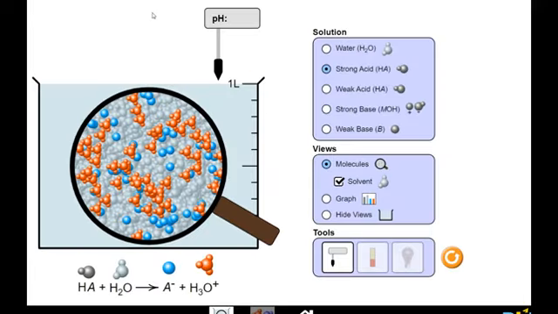So here is the PhET simulation that we've looked at before, and this is looking at an acid. So we have a strong acid, and we are combining it with water so that the acid dissociates into its conjugate base and a hydronium ion, and we know that we can calculate the concentration of that conjugate base or the hydronium ion if we know this concentration using the pH meter.